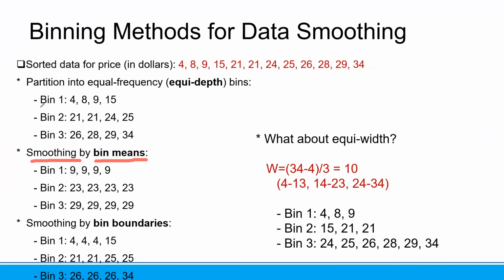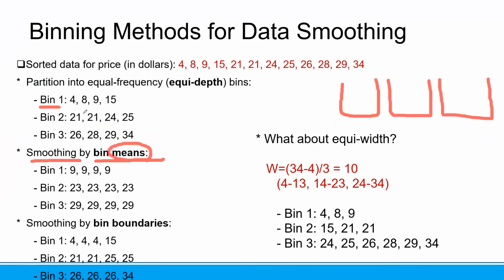As I mentioned, we have bin number 1, bin number 2, and bin number 3. For every bin, I would like to check the min. 4 plus 8 plus 9 plus 15, so the min is 9.